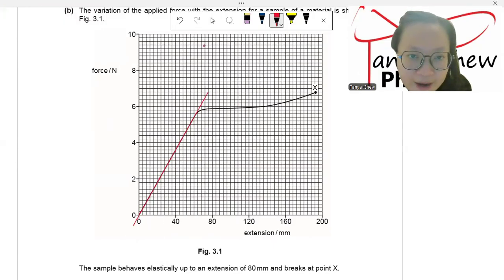So you could see that it stops behaving as a straight line at, okay, this is 2, 4, 5. This is 5.2, 5.4, somewhere here, because this one starts to curve already.